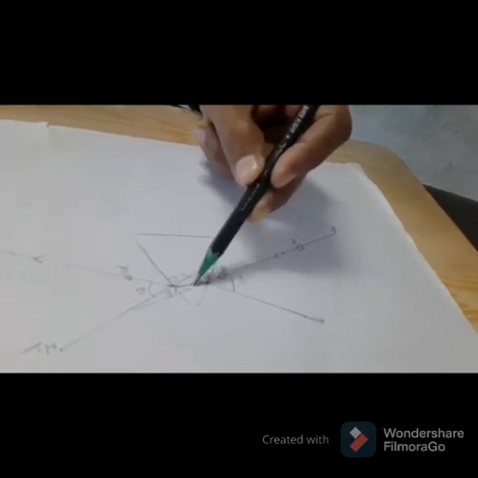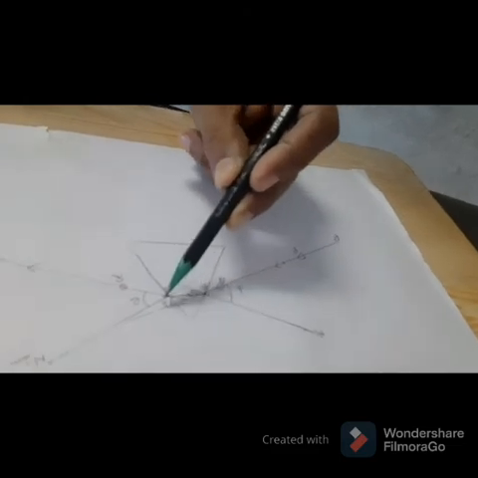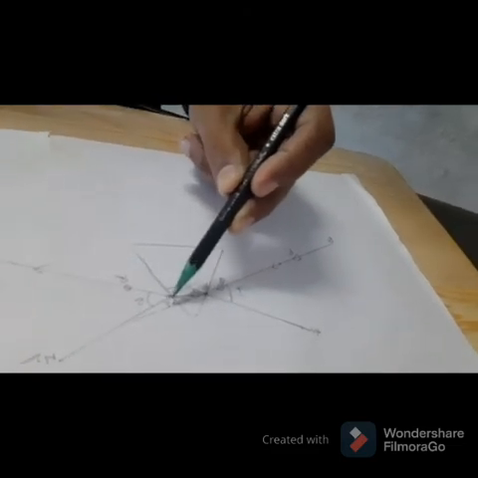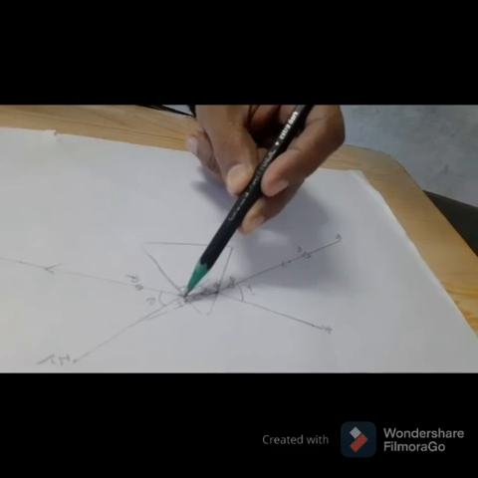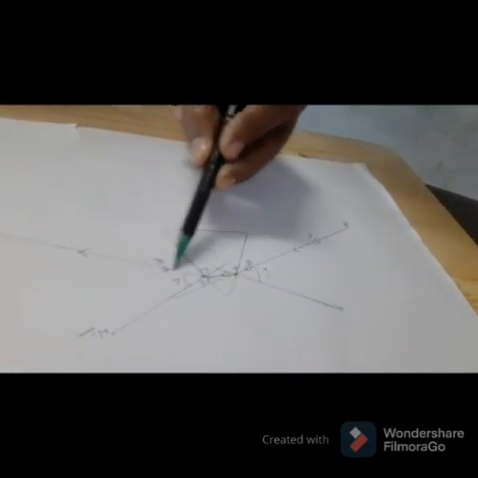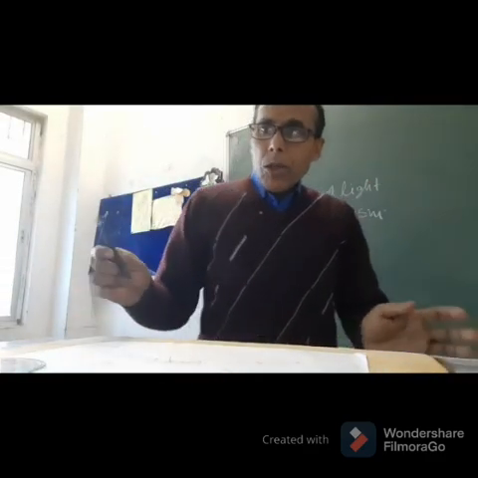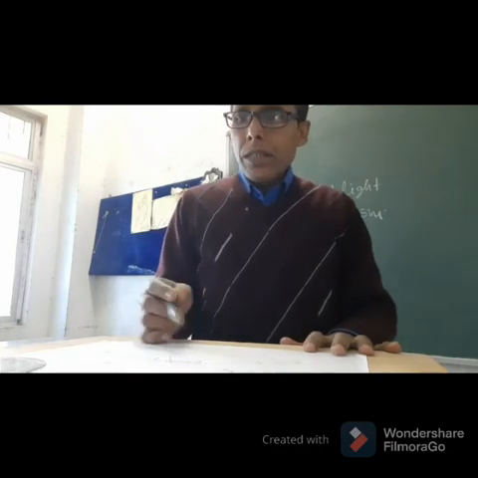The angle between the refracted ray and the normal is our angle of refraction, and this is delta, that is the angle of deviation, the angle formed between the direction of the incident ray and the direction of the emergent ray. So in this way we can explain the refraction of light through a glass prism.